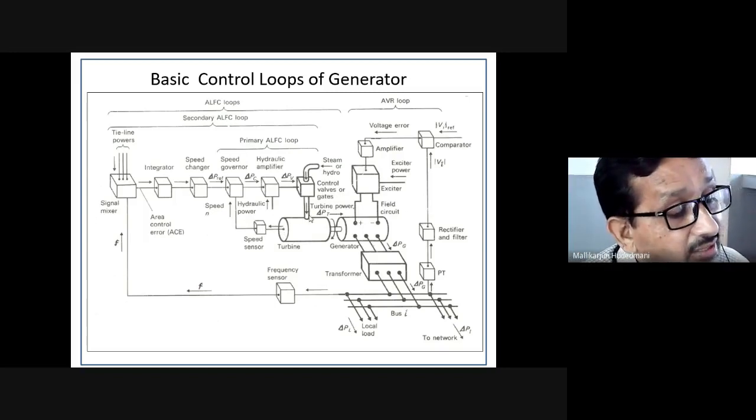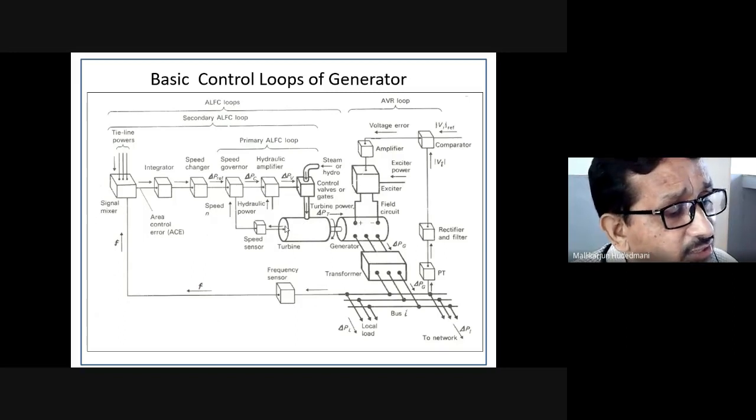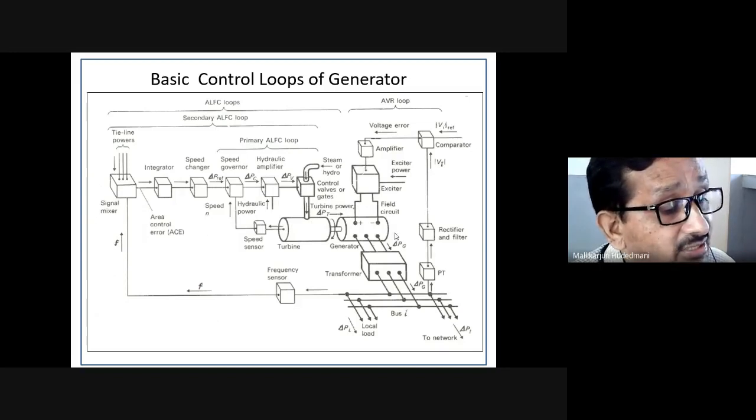Now I come to the turbine side. As you know, the turbine may be anything: hydro-driven, gas or oil-fired, something like that. Whatever kind of raw material input you burn or turn into, this turbine is going to rotate and drive the generator. So this driving mechanism has to be sensed.